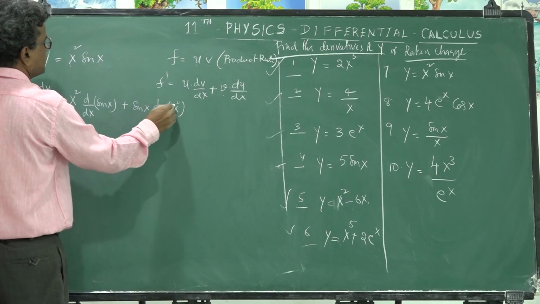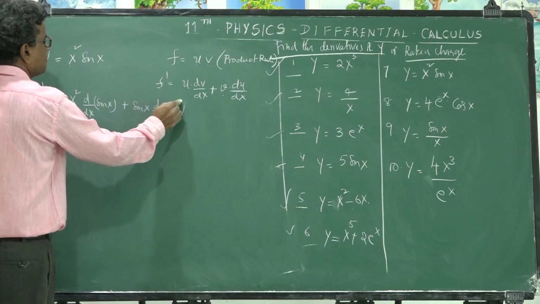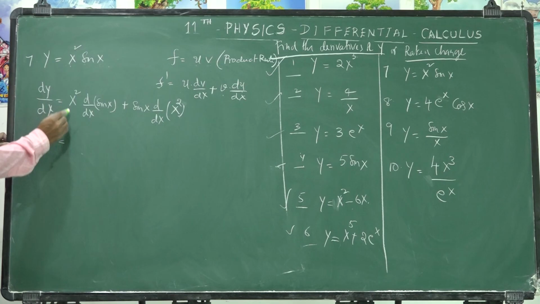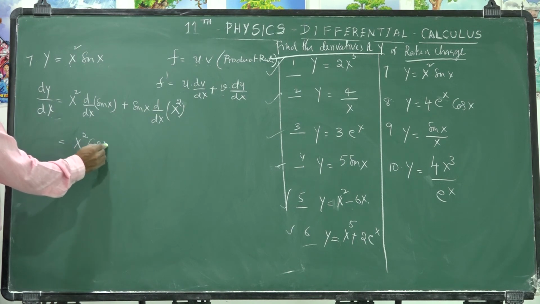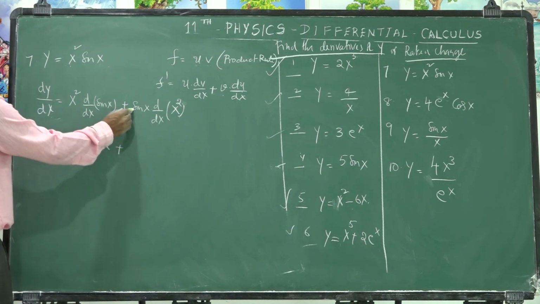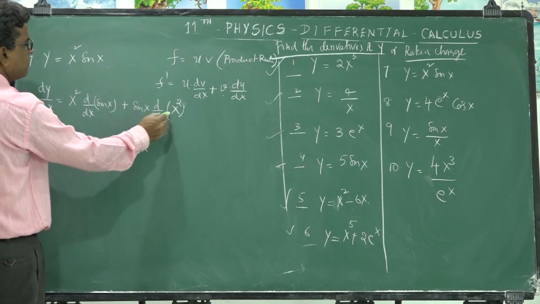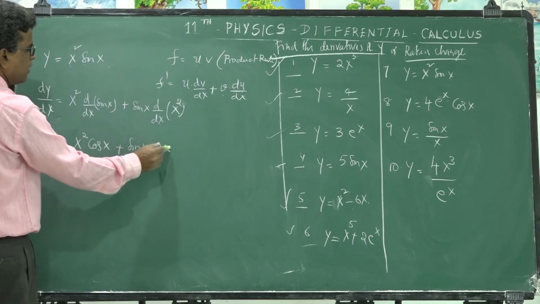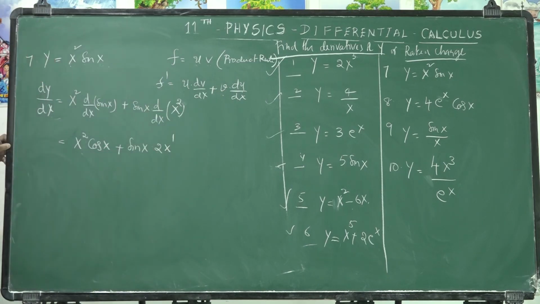Now the next step: x square you keep as it is, d by dx of sin x gives cos x, plus sin x times d by dx of x square, which you get by the formula n x to the power n minus 1: 2 x to the power 2 minus 1, that is 2x to the power 1.